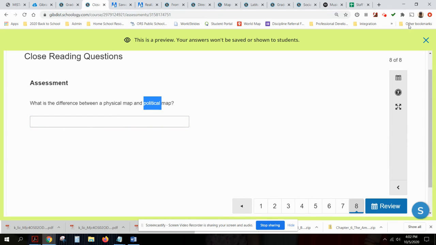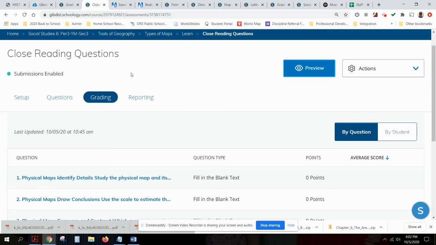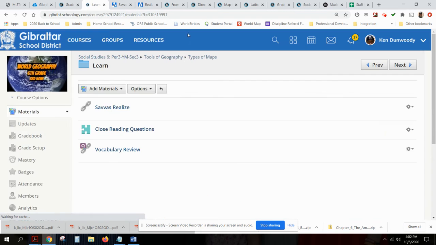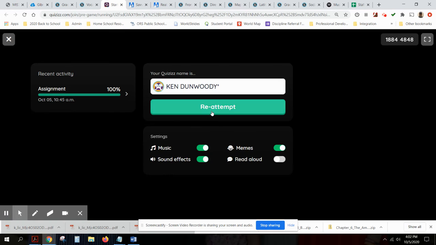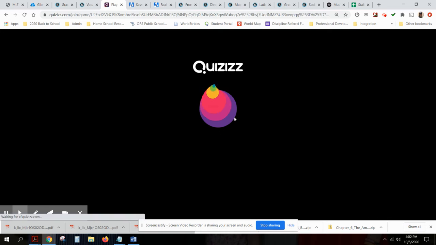All right. Once we are done with the close reading questions, now we go on to the vocabulary review. Click on vocabulary review. It opens in a new page, or if it doesn't open here, you can click on the arrow and it will open up here. You'll take some time to review the vocabulary words.